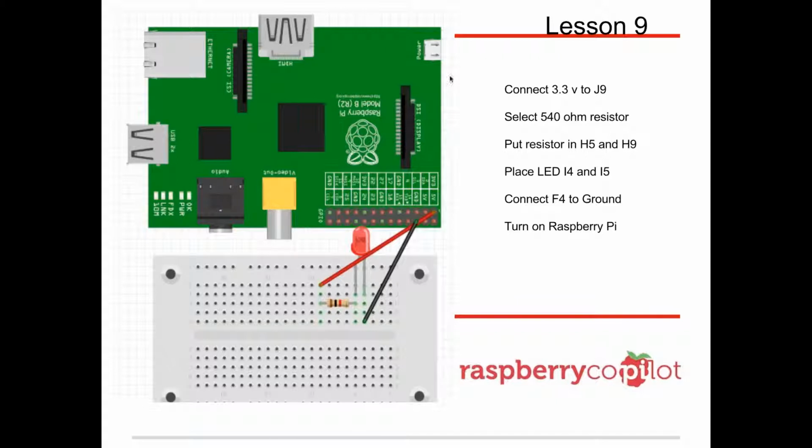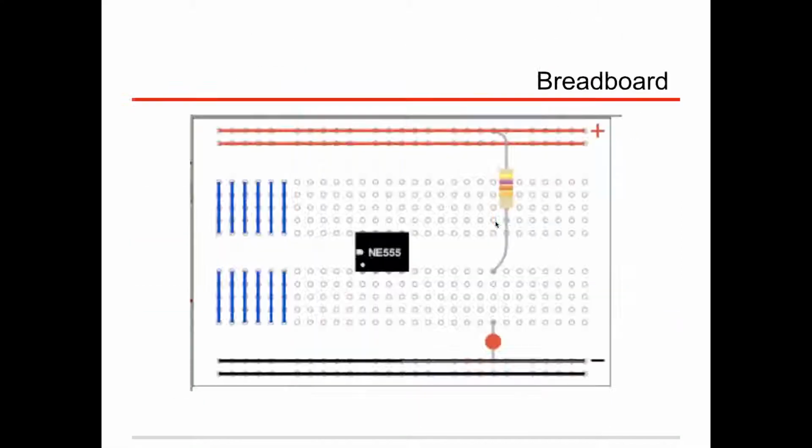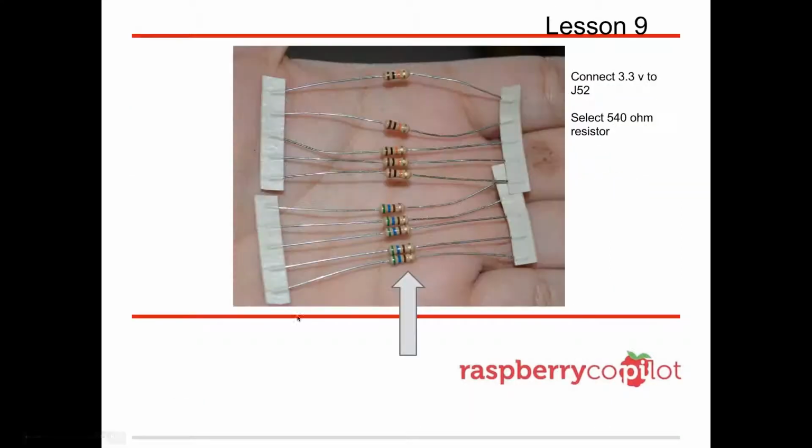Now, do you have your resistor in the right location? H5 and H9. Yes. Turn your LED around. Okay. Keep it in 4 and 5 of I, but just turn it around. Pull it out and turn it around. Okay, I'm doing that right now. Still off.